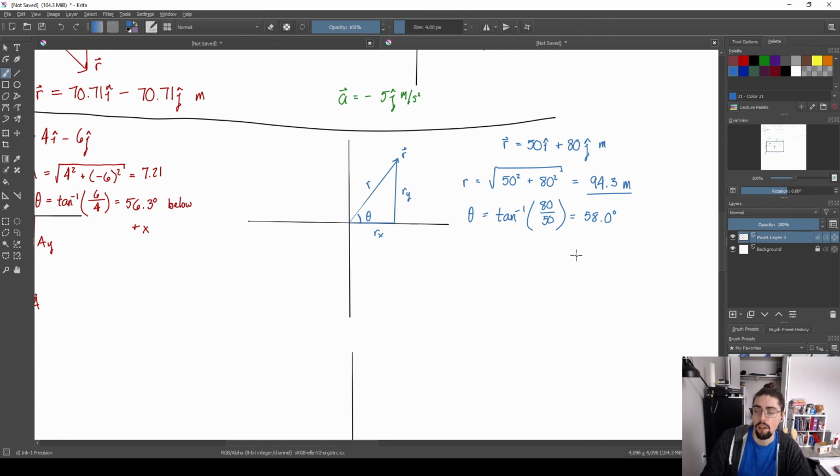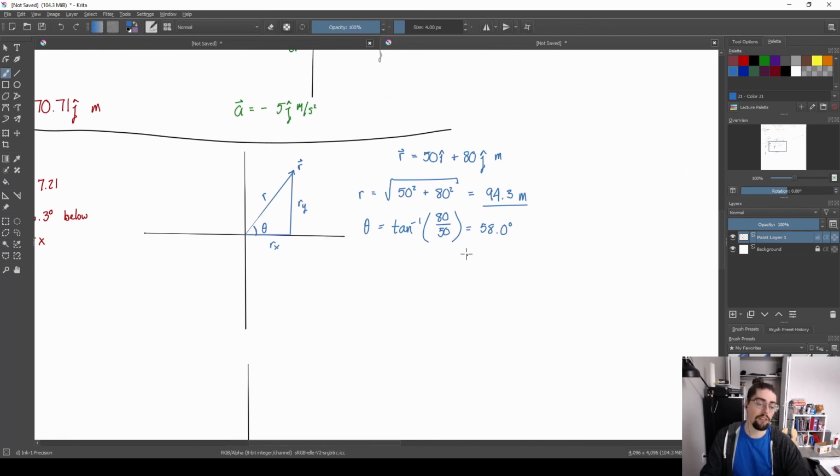And I could say 58.0 degrees, and if you took a unit circle interpretation, that would be sufficient. I could also say that this is 58 degrees counterclockwise from positive x. That's another way, right? We could say above positive x, or we could say counterclockwise from positive x.